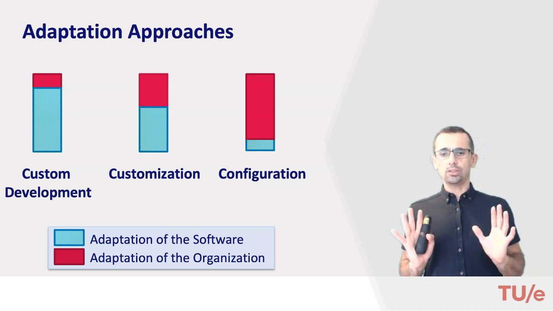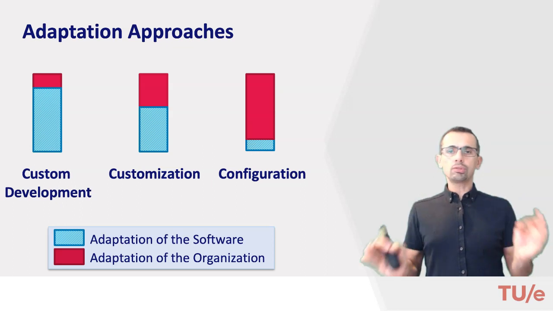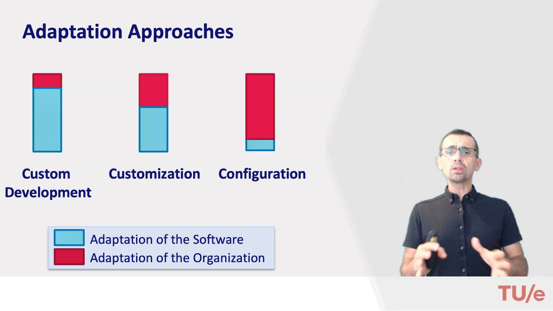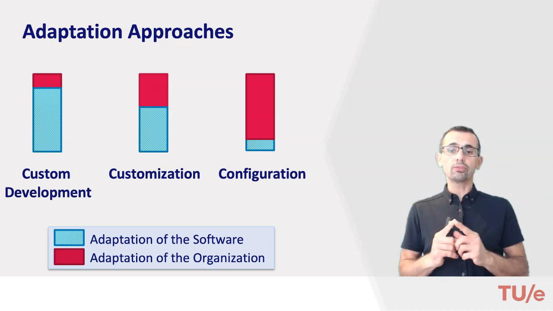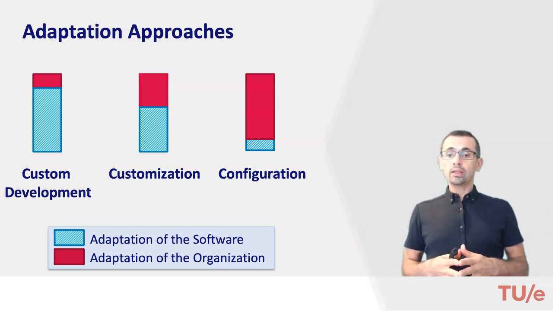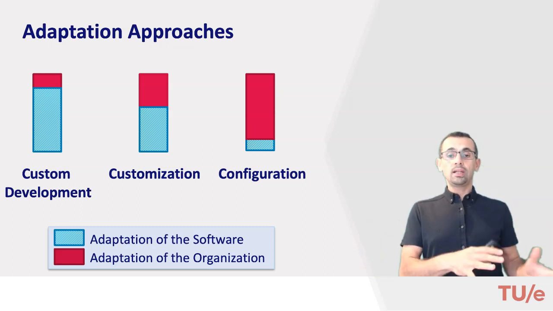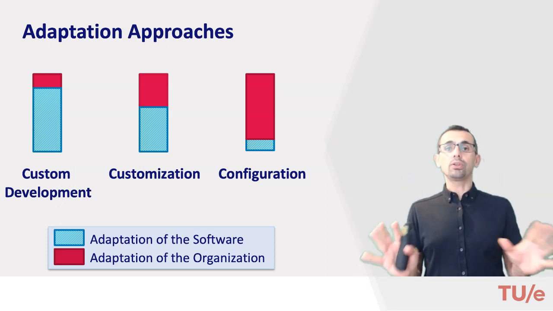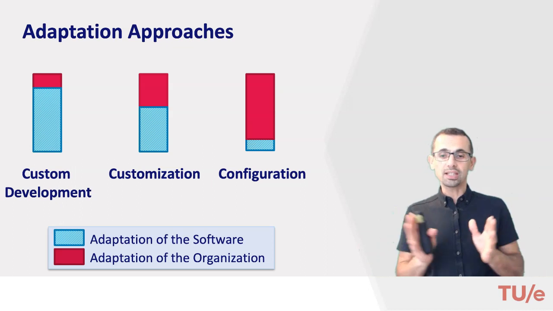So let me use an analogy here. You buy a new suit or let's say a beautiful night dress. You can have it fully tailored specifically for you, which is basically custom development. Or you can buy a ready-made one and still take it to the tailor and have a few parts changed to make it fit better on you, perfectly fit to your own dimensions, let's say.